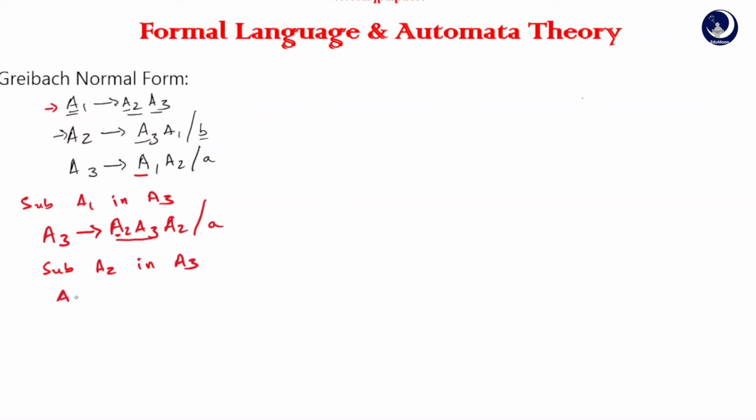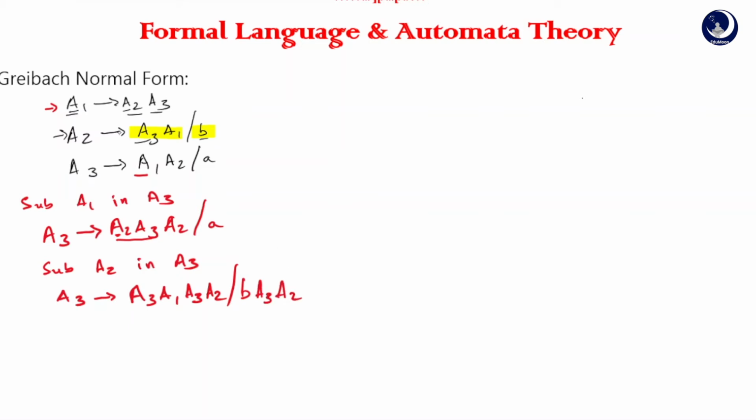Now A3 has two production rules, so we substitute this one first and this one next, and we get two more production rules here. After using that, A3 will be equal to A3 A1 A3 A2, or we substitute the next one, that is B, so this will be A3 A2.